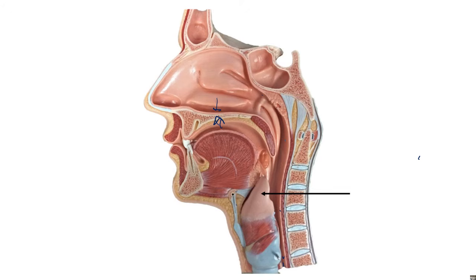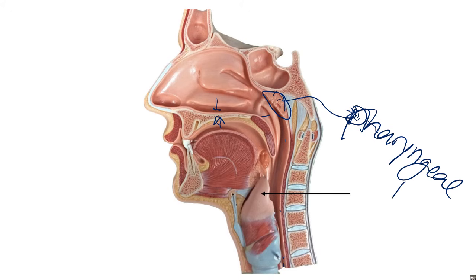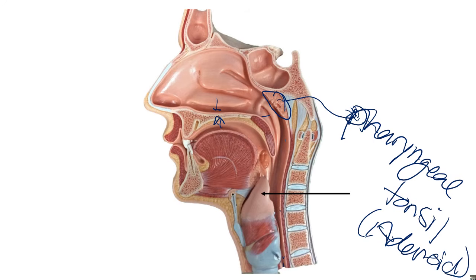Also, we have the tonsils. You guys should be able to identify the three different types of tonsils. Back here, right behind the nasopharynx, we have the pharyngeal tonsil, right? The back of the pharynx, pharyngeal tonsil. That one's also the one that we refer to as the adenoid. The palatine tonsil can be found, so we said that the palate was up here.